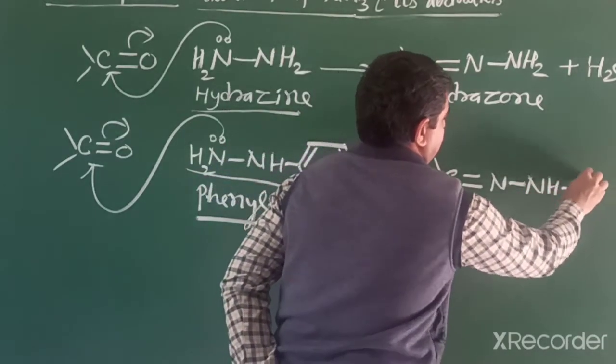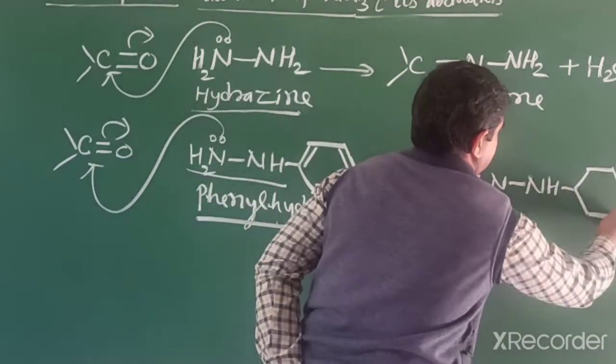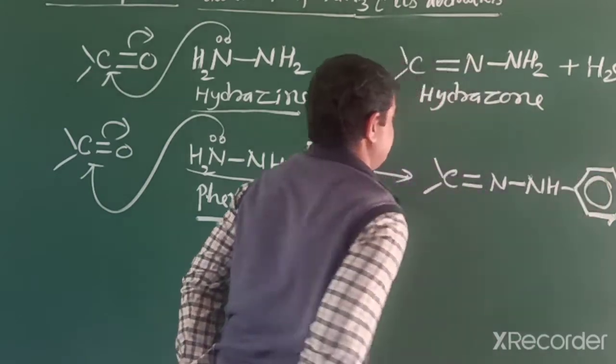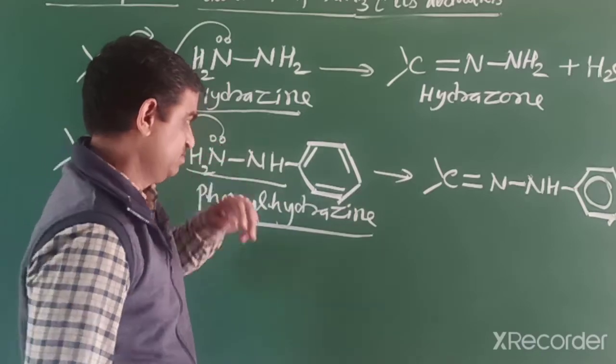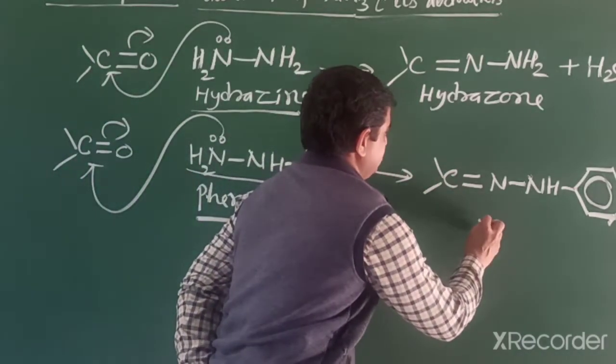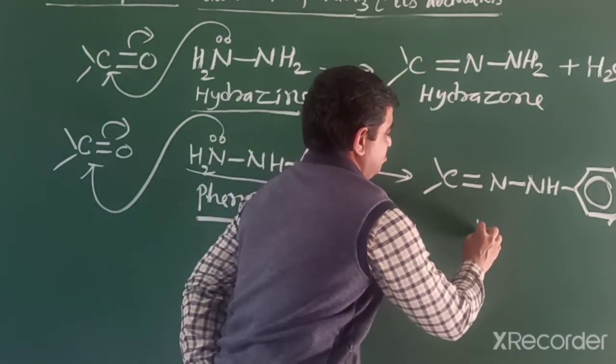We can write it like this. Benzene can be written as a circle or with alternate double bonds. So the product name is phenylhydrazone.